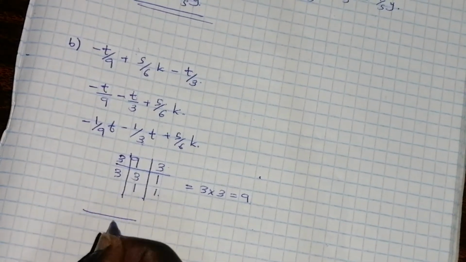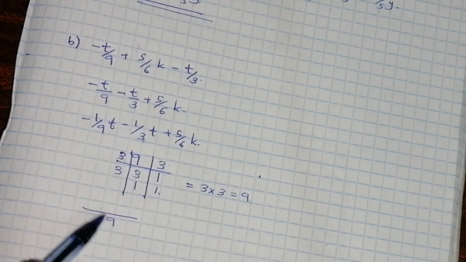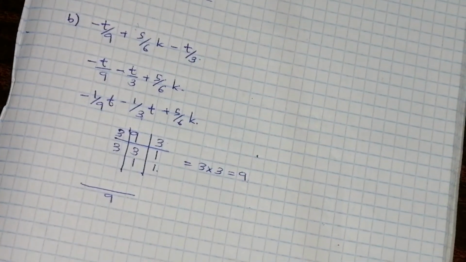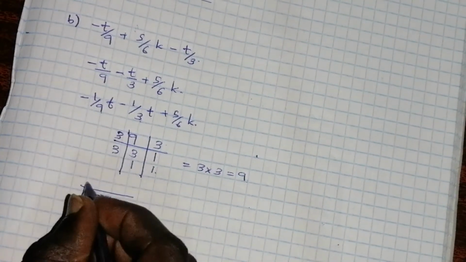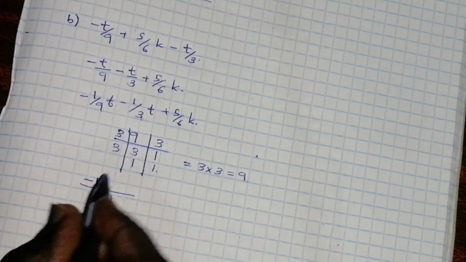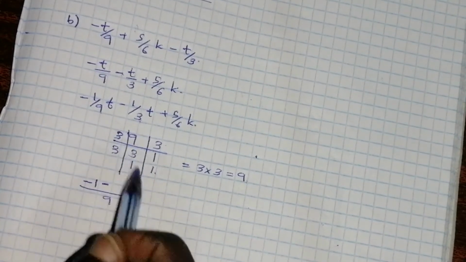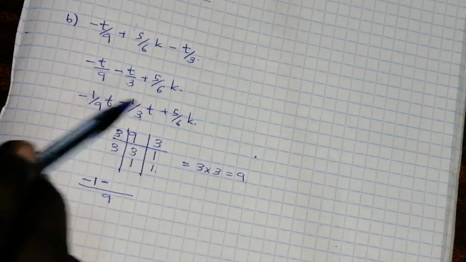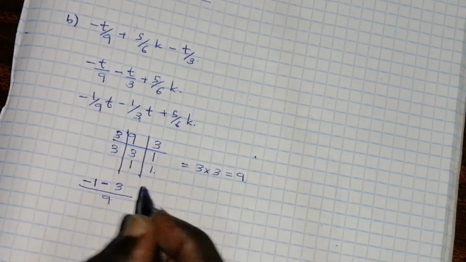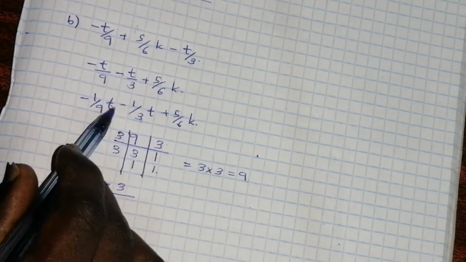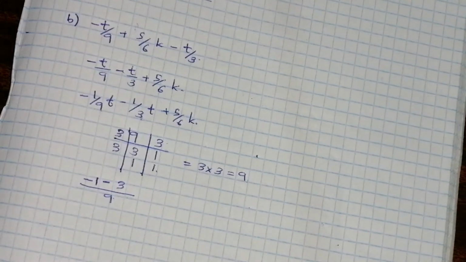So when I write the LCM, 9 goes into 9 how many times? 1 time. 1 times negative 1 is negative 1. Then I'll subtract. 3 goes into 9 how many times? 3 times. 3 times 1 gives me 3. So all of them, keep in mind, we have the unknown term t.